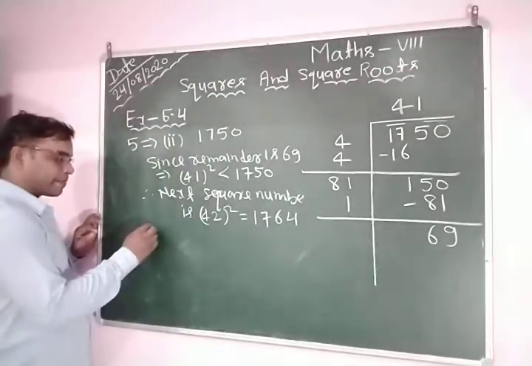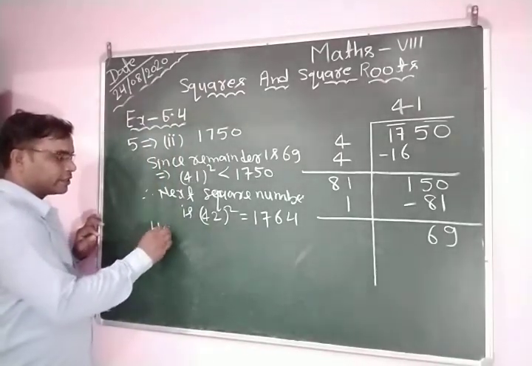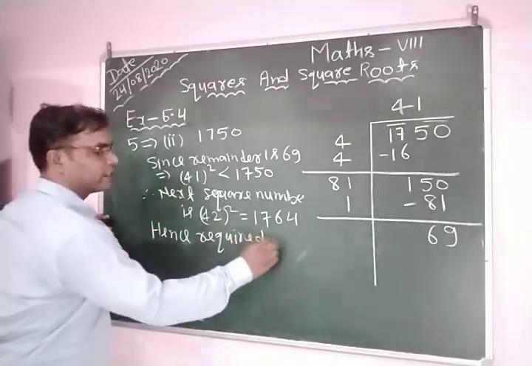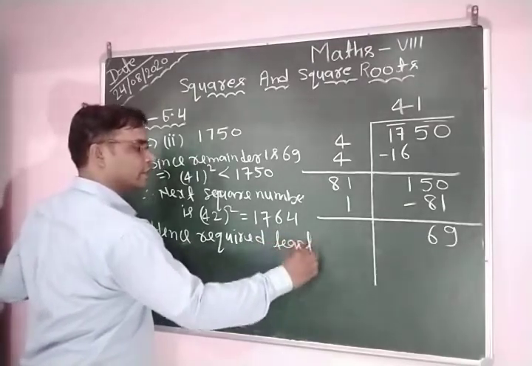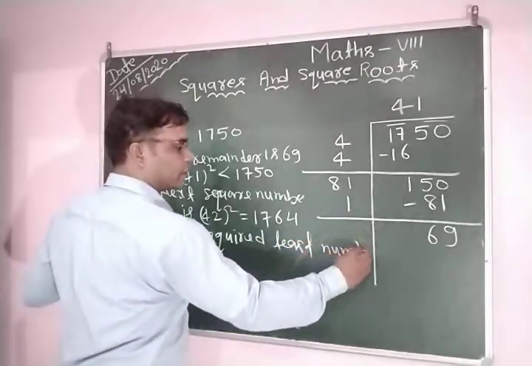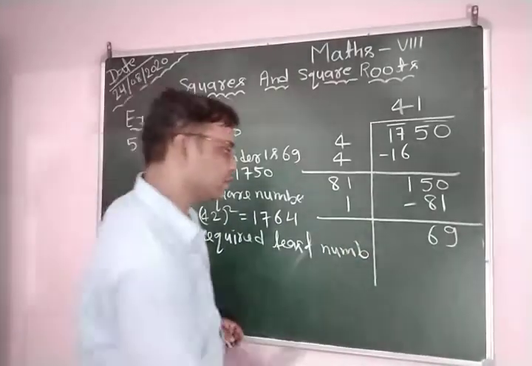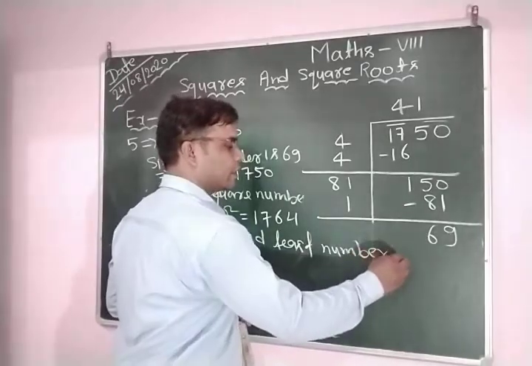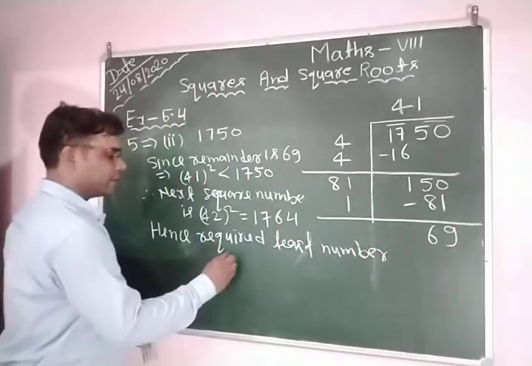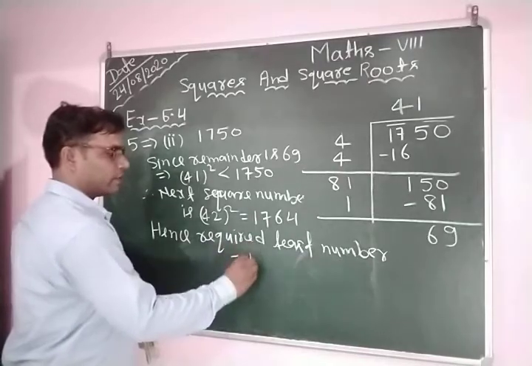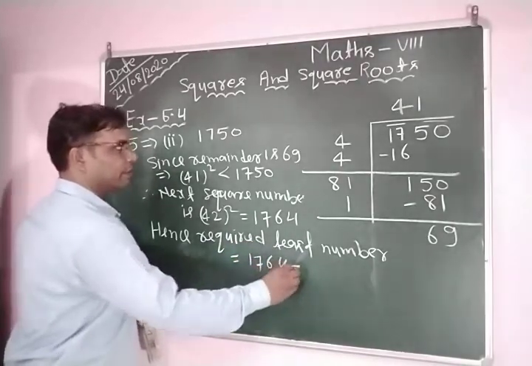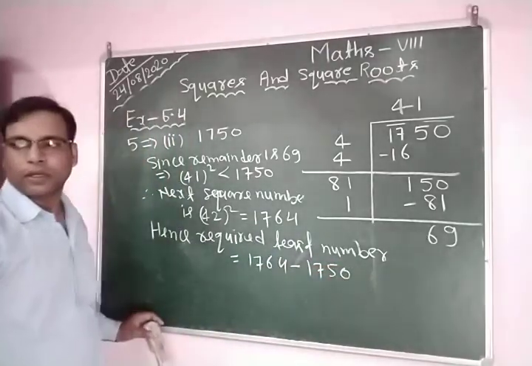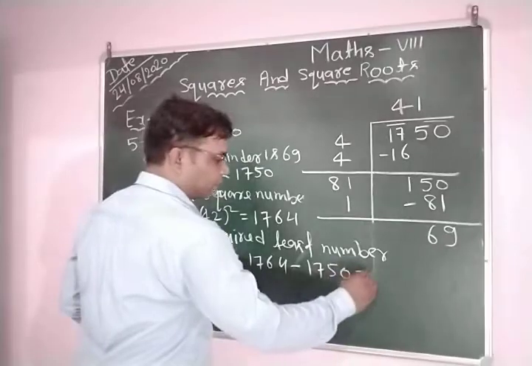So you can write, hence, the required least number is equal to 1764 minus 1750. This is equal to 14. Okay, this is equal to 14.